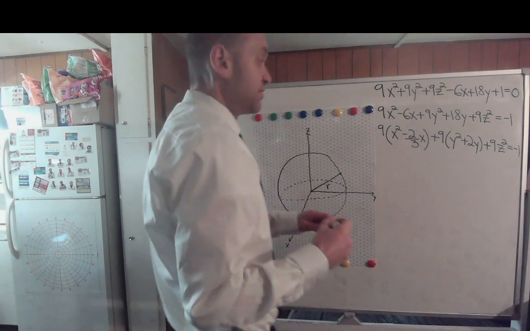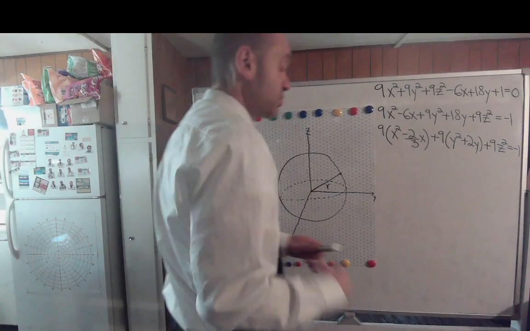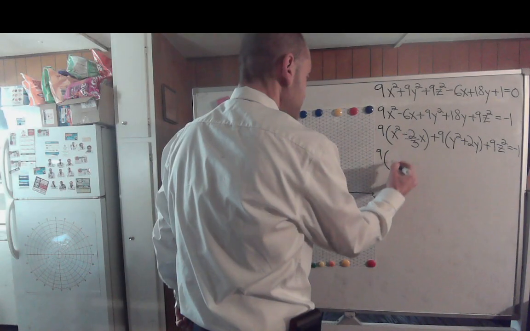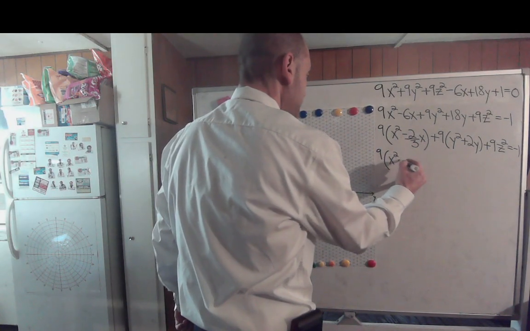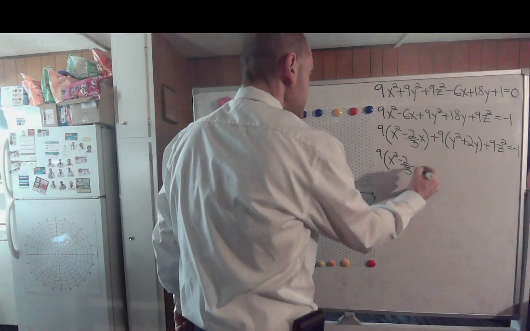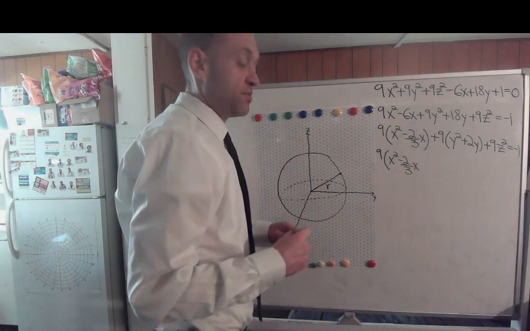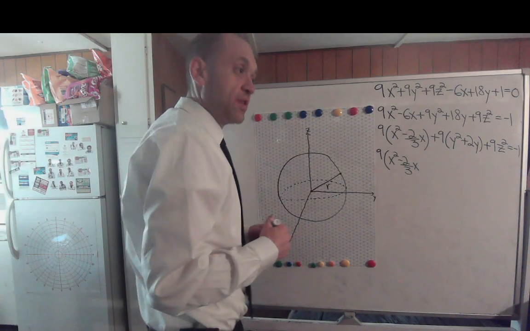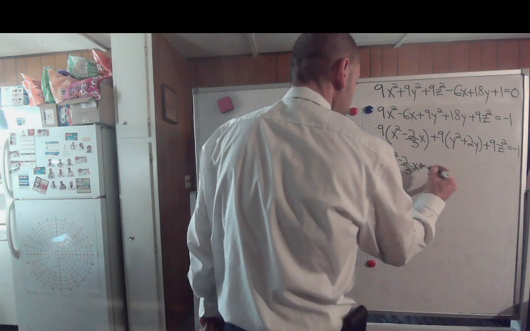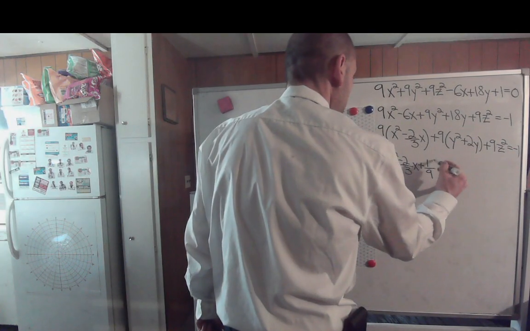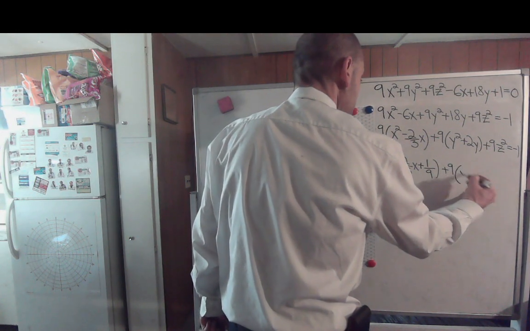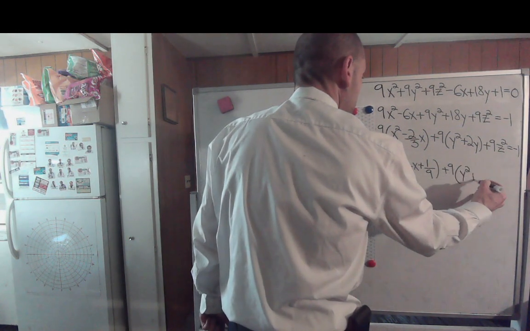Now all that's left to do on each of these is complete the square. So we'll have 9 times that x squared minus 2/3 x. Well, half of negative 2/3 is negative 1/3. You square that, you get plus 1/9. Plus you'll take 9 times the y squared plus 2y.